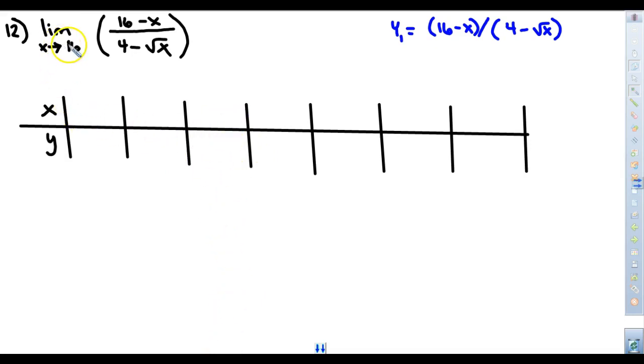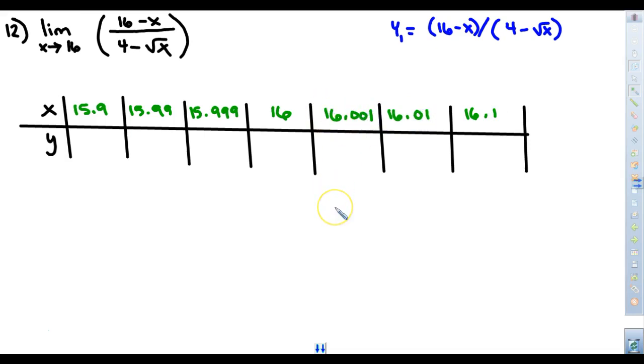So we're going to put 16 right in the middle. 16 minus a tenth is 15.9, right? Let's get closer. Add a tenth to 16, that's 16.1. Let's get even closer.